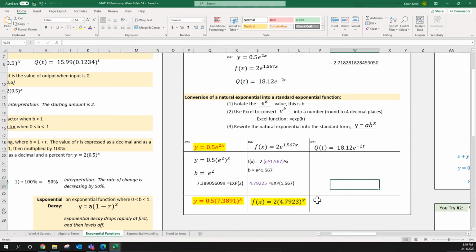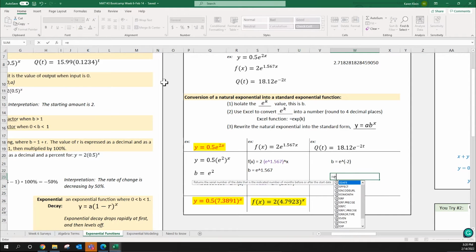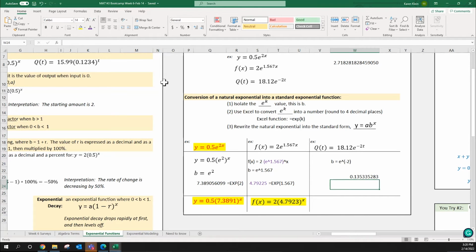All right, you do the same thing for this last one here. If you want, just list out your b. What is b going to be equal to? You want to put that in the chat. We have b is equal to e to the negative 2. So we're going to calculate that amount by typing in exp. We're going to put in negative 2 as the input.